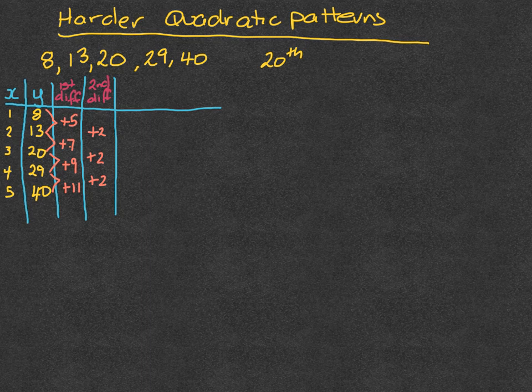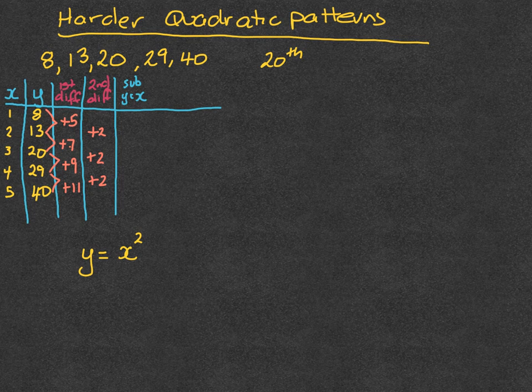So we know it starts off y equals x squared, because we had to do a second difference. So now what we do is we substitute values of x into y equals x squared. We take our values of x and substitute them into this.